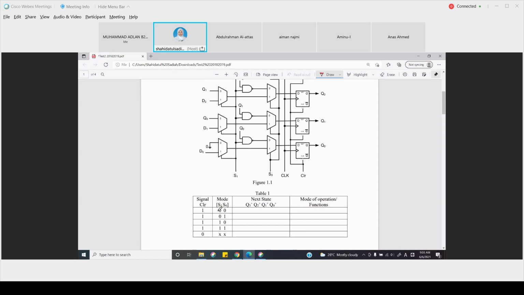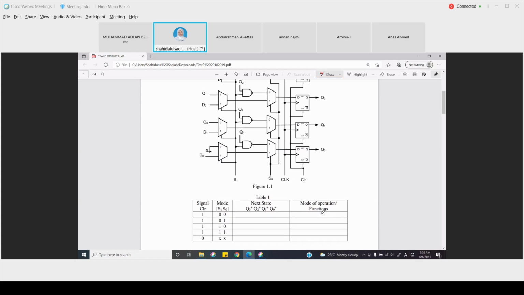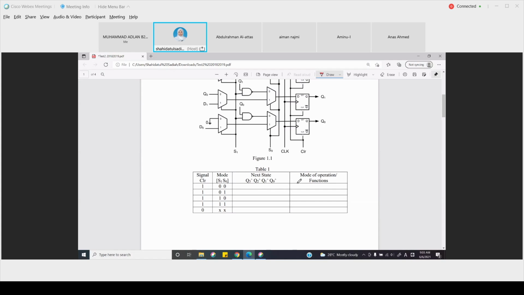Each mode of S1, S0 will do 1 operation. And we also have clear here, asynchronous clear. So we can write this answer first, regardless of the modes.